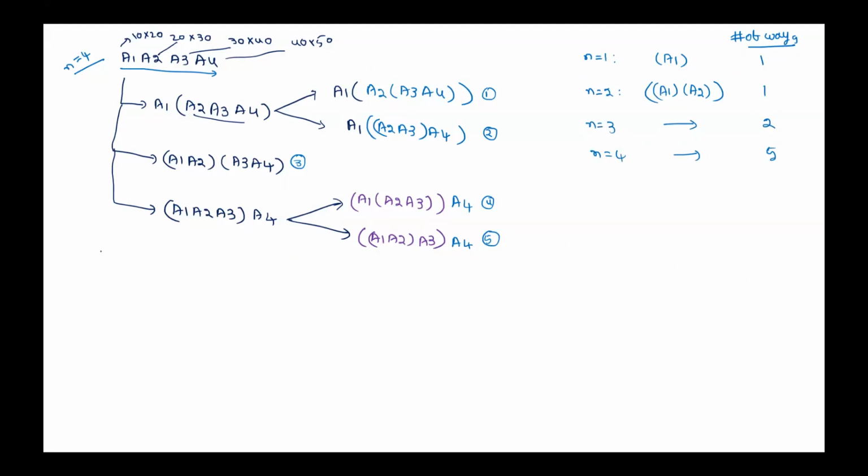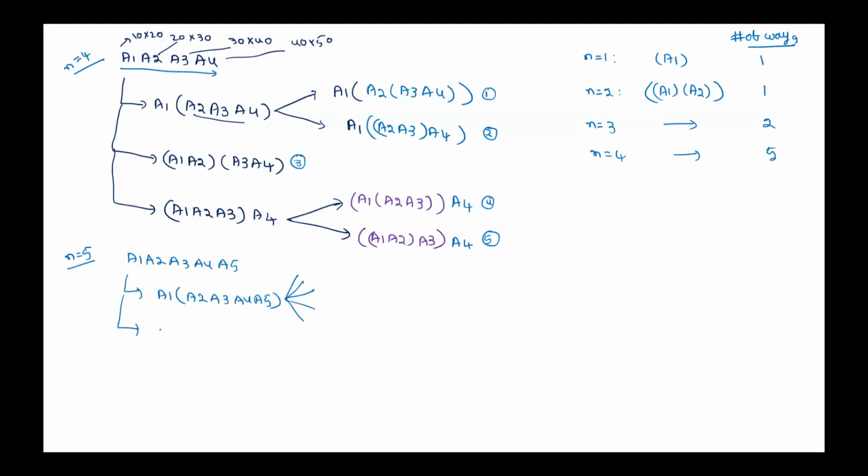For example, if n equal to 5, what do we do? If you are given A1, A2, A3, A4, A5, first, A1 we take separate, and A2, A3, A4, A5 on the other side. We will see how many ways this is possible. Depending on that, here it is possible in 5 ways.